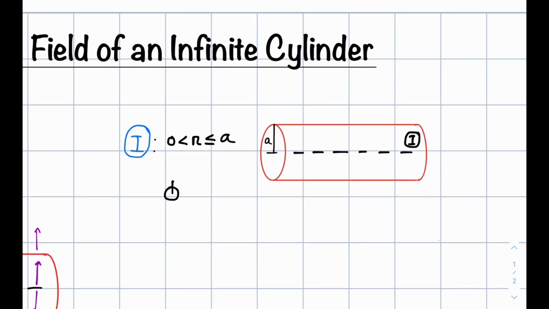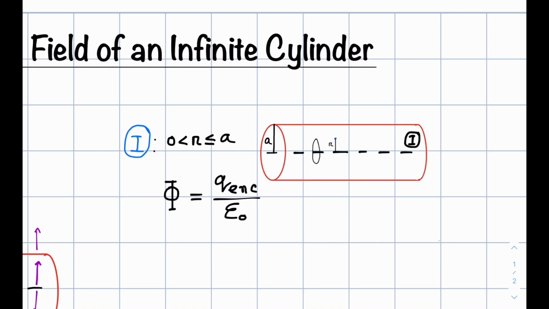Now we know that Gauss's law tells us that the electric flux through a closed surface is equal to the charge enclosed by that closed surface divided by epsilon naught. So let's apply this law for a point which lies inside this cylinder. Let's say this is the point and the distance from this point to the axis of the cylinder is r.